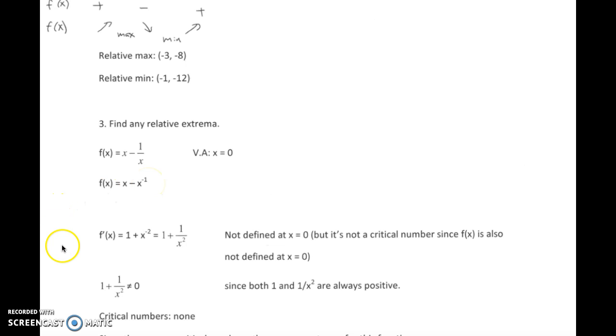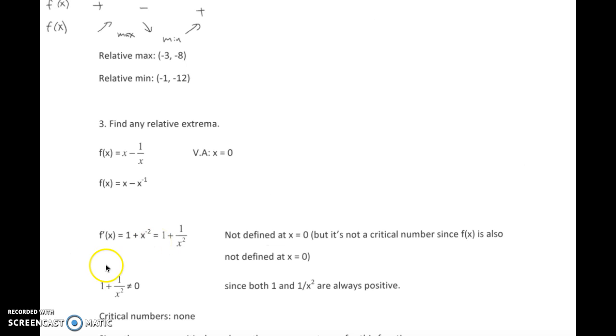When we take the derivative, the derivative of x is just 1. The derivative of minus x to the -1 is a positive x to the -2. So our derivative can be rewritten as 1 plus 1 over x squared.